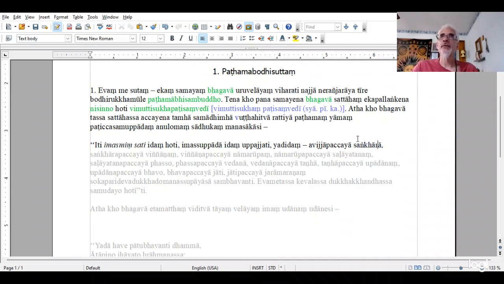And so if we had to annotate this, we might say reality as we know it. And then paccayā is a cause. And not just a cause, but due to, because this is an ablative here, due to the cause, or we might just say because of, and the first part of this, avijjā, ignorance.